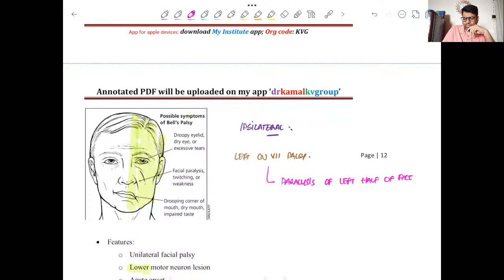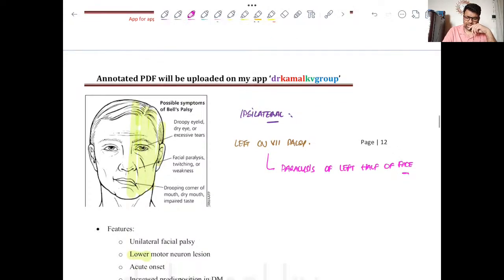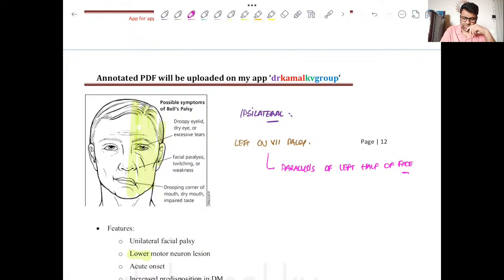So this is Bell's palsy, and we can just note down 2-3 things here. There is drooping of the angle of mouth on the affected side. Then there is loss of furrows on the forehead. Then if you tell the patient to close the eyelids, the eyelid cannot be properly closed.